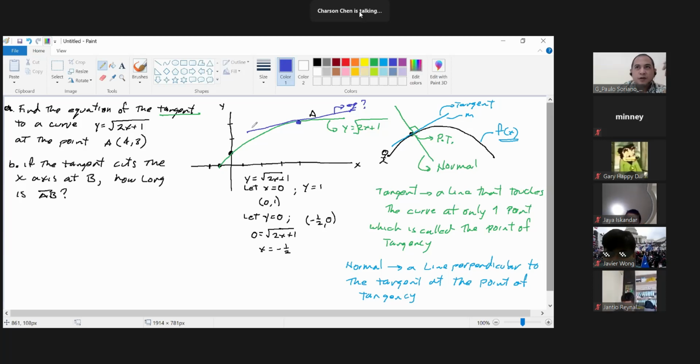How to find the equation of the tangent line? Since we have a line, we have three options to choose from: the slope-intercept formula, two-point formula, point-slope formula. So which one will we use? Slope-intercept, y equal to mx plus c, maybe.